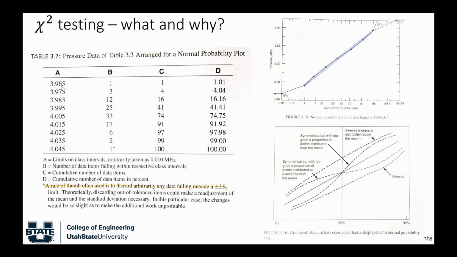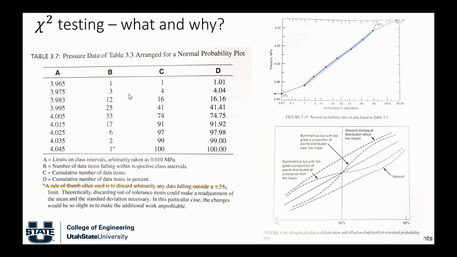We've put these data points together into these bins of data, and the next column over is the number of times we observed something falling into that bin. Between 3.965 and 3.975, we collected a certain number of data points or observations into that bin.